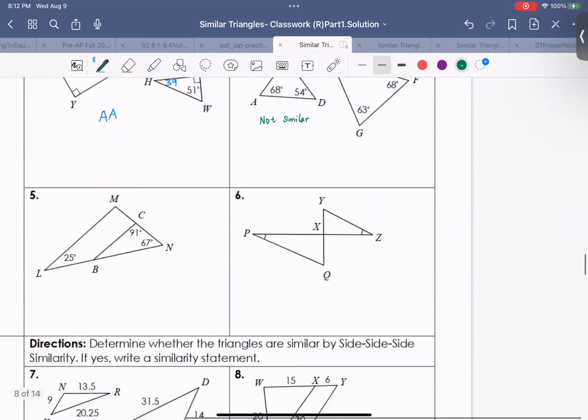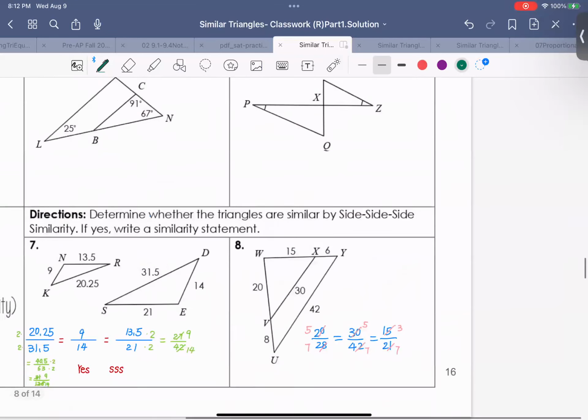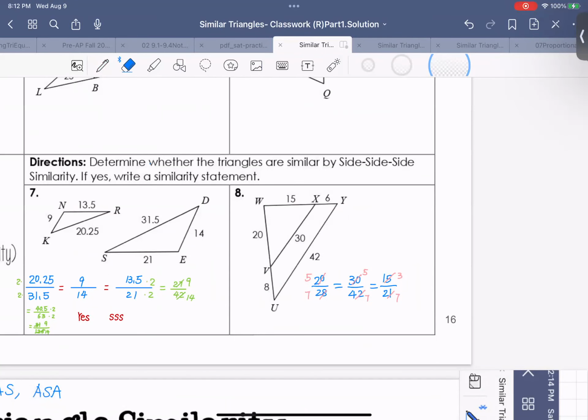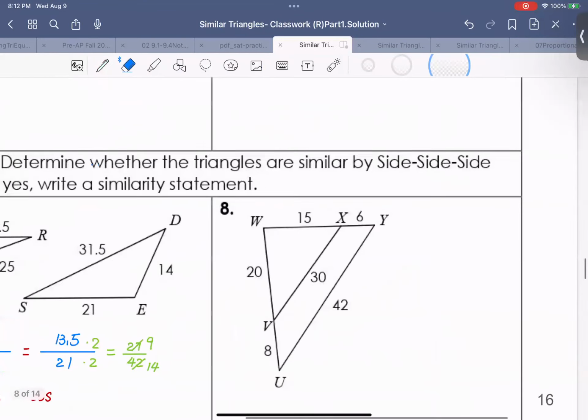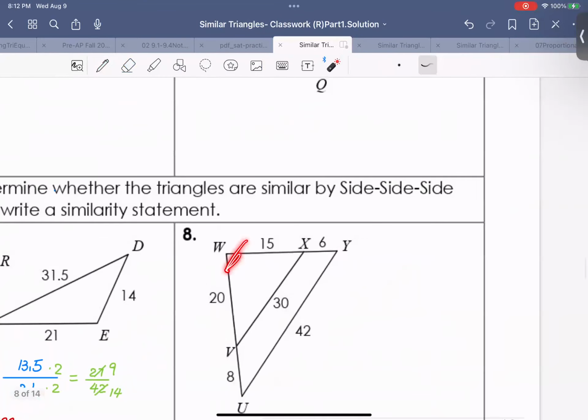And I want you to do one more here. This time the question is going to be a little bit tricky. So you have this angle between equal, and then you want to check the ratio. Go ahead, please. 20 over 8. No, don't do 20 over 8.